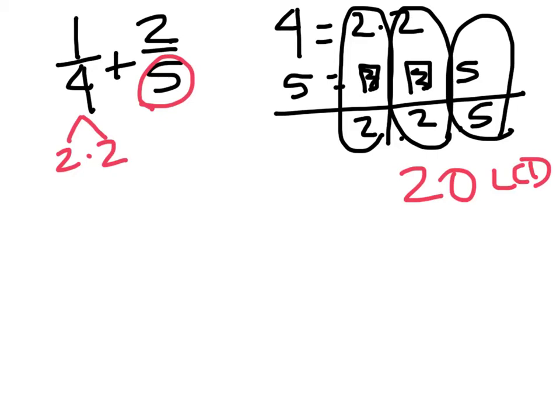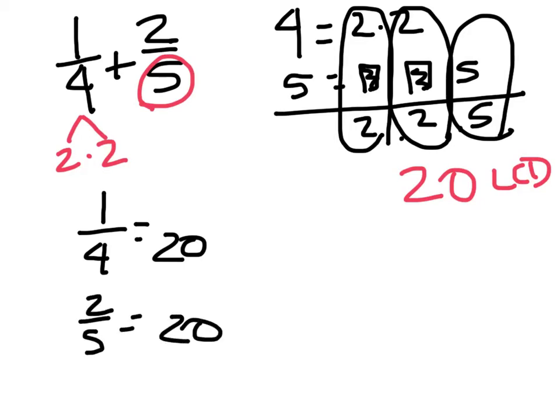So now let's set our original fractions up to the 20ths and come up with how many 20ths it is that was originally 1/4. So we've got 1/4 is equal to how many 20ths, and 2/5 is equal to how many 20ths. Well, we're going to do our z. 4 goes into 20 5 times. 5 times 1 is 5.